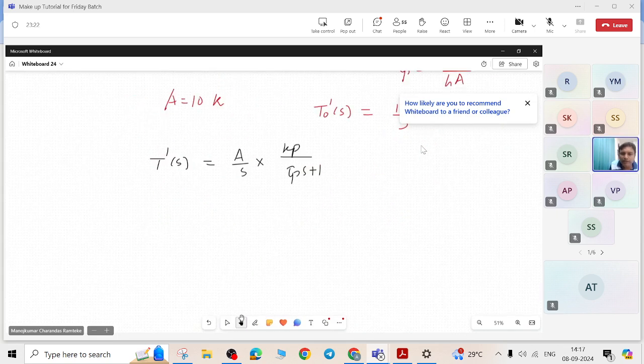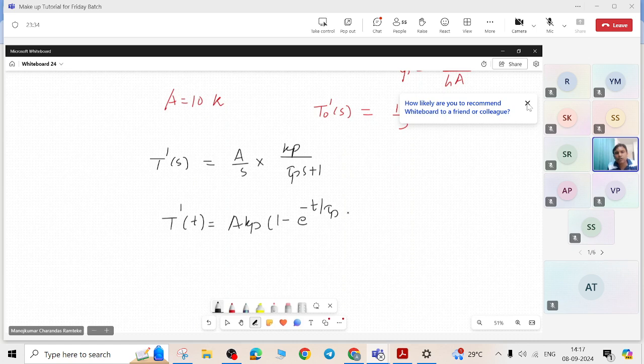If we invert this expression into the time domain, we get T dash t equals A Kp times 1 minus e raised to the power minus t by tau p. This is the solution of a first order process when a step input of magnitude A is given. Do you all agree? We have derived this expression several times. Is it clear to everyone?